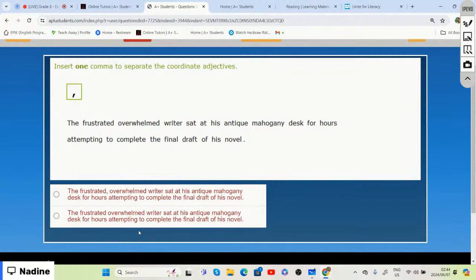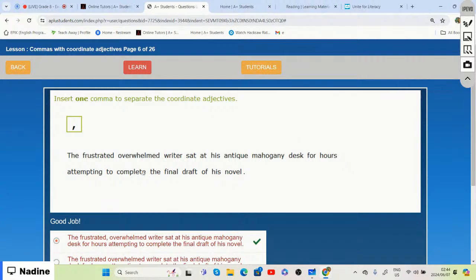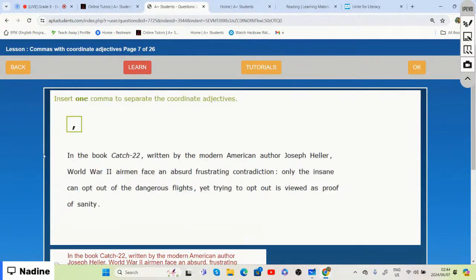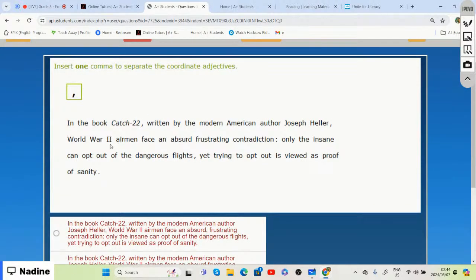All right, so we then mentioned option one, and that is where we added a comma in between our coordinate adjectives. Let us choose another one to insert one comma to separate the coordinate adjectives. Remember, coordinate adjectives are two adjectives that are next to each other that describe the noun.